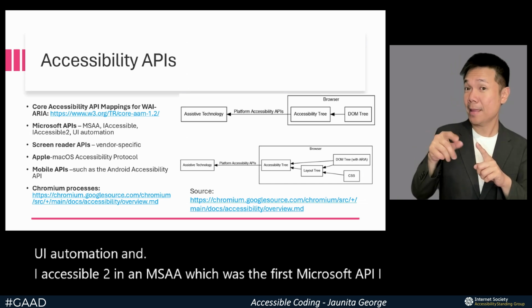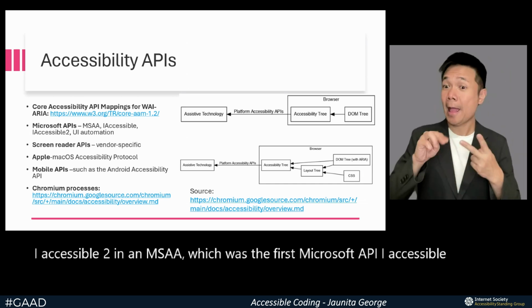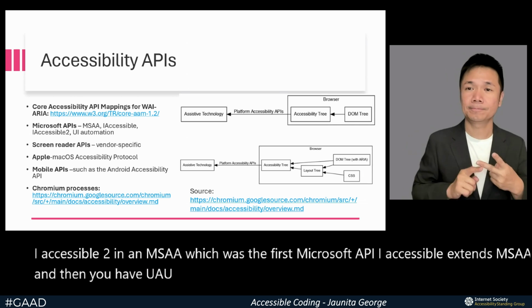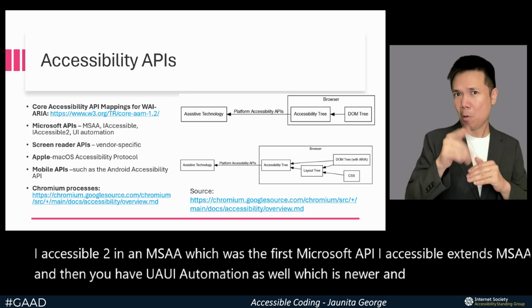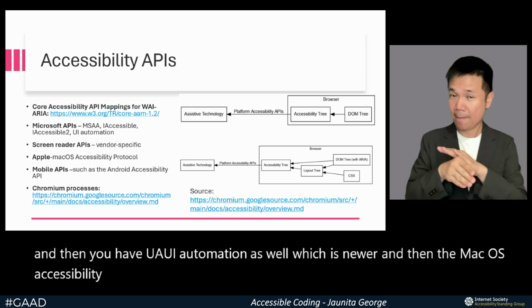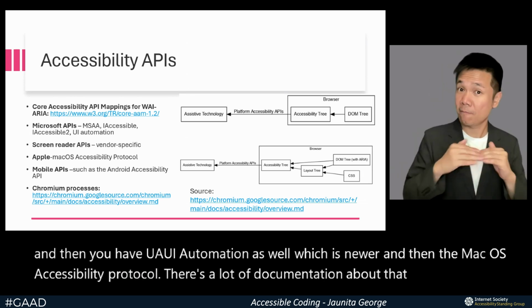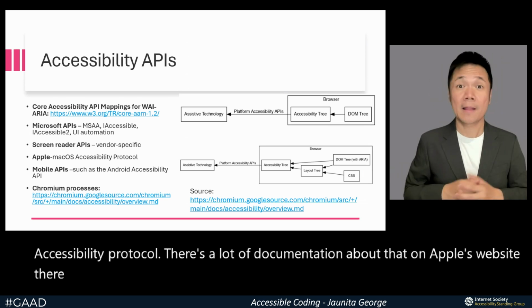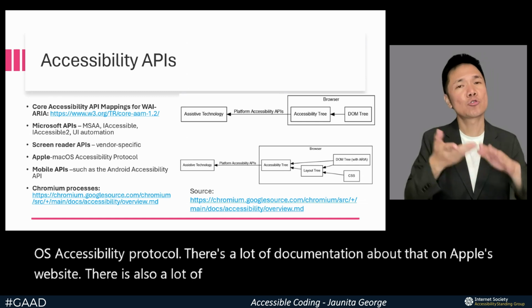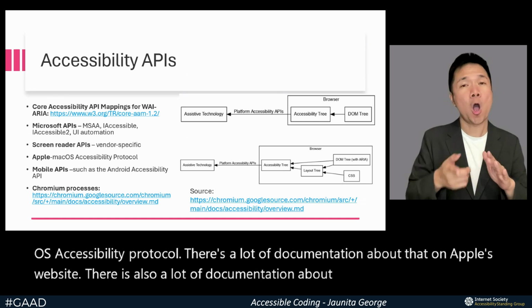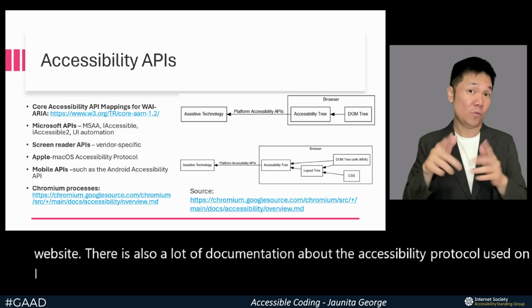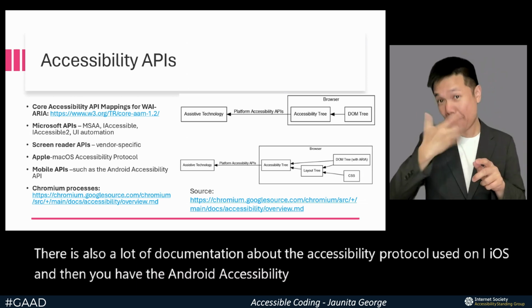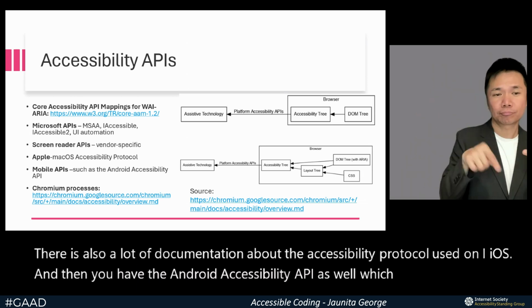IAccessible2 extends MSAA, and then you have UI Automation as well, which is newer. And then the macOS accessibility protocol, there's a lot of documentation about that on Apple's website. There is also a lot of documentation about the accessibility protocol used on iOS. And then you have the Android Accessibility API as well, which communicates to things like TalkBack.